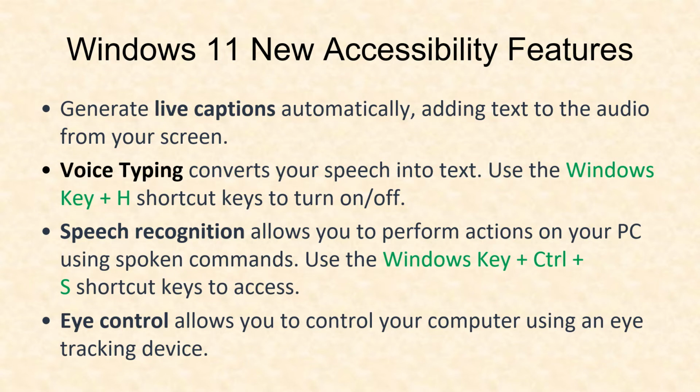Speech recognition. It allows you to perform actions on your computer just by using spoken commands. And finally, another exciting feature is eye control, which allows a disabled user to control the computer just by using an eye tracking device.